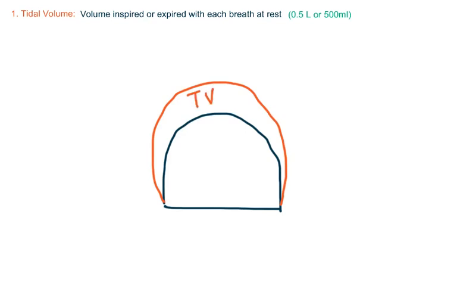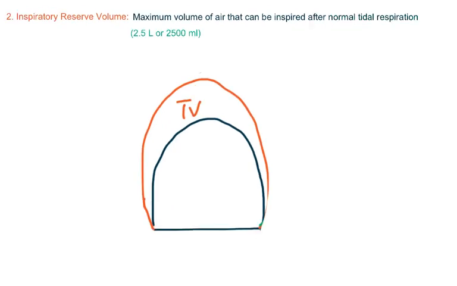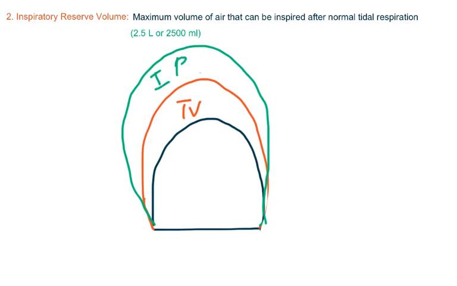And it is equal to 0.5 liters or 500 milliliters. Now if you're asked to inspire forcefully with extra effort, then that extra air that will enter your lungs after the normal tidal inspiration is called inspiratory reserve volume, and it equals approximately 2.5 liters.